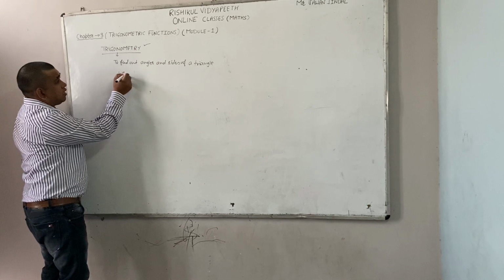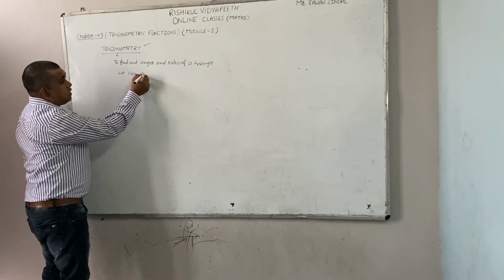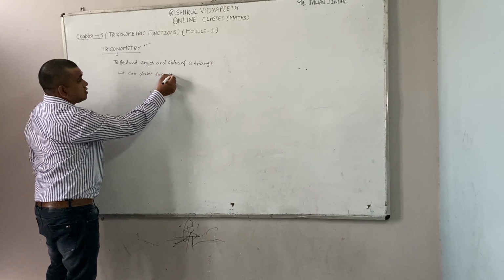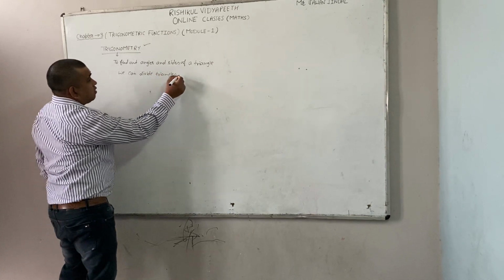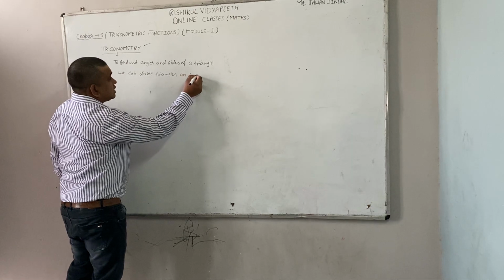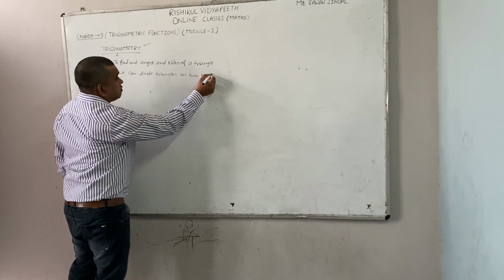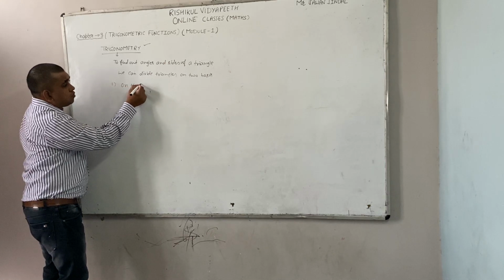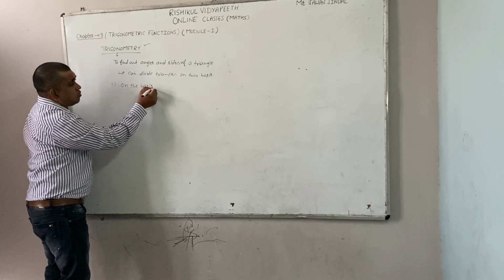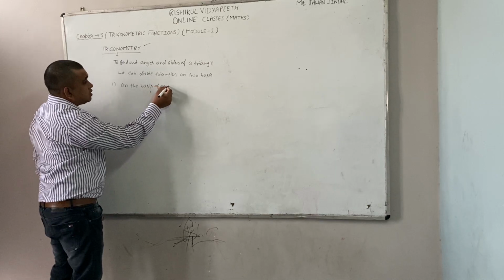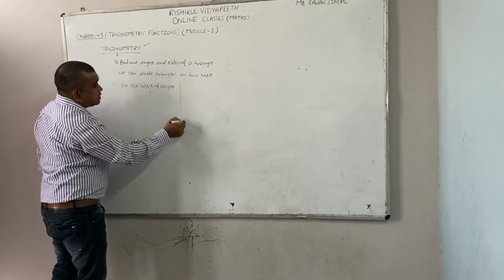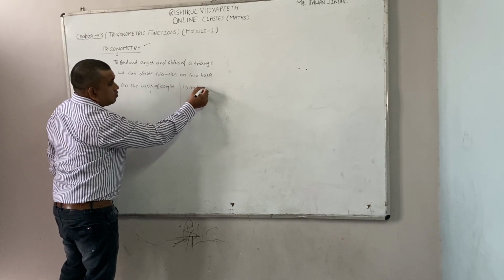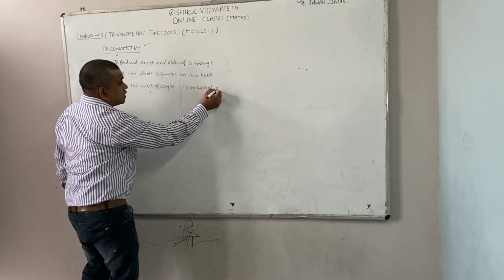We can divide triangles on two bases. First, on the basis of angles, and second, on the basis of sides.